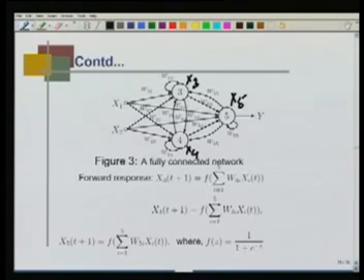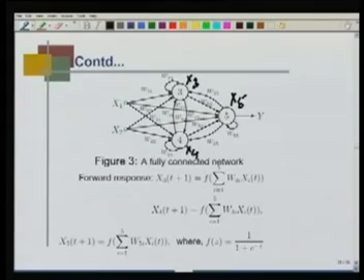By convention, the first index of the weight is the node to which the connection is coming, and the second is the node it comes from. So, the weight that has been named W31 means the weight that connects node 3 from node 1.